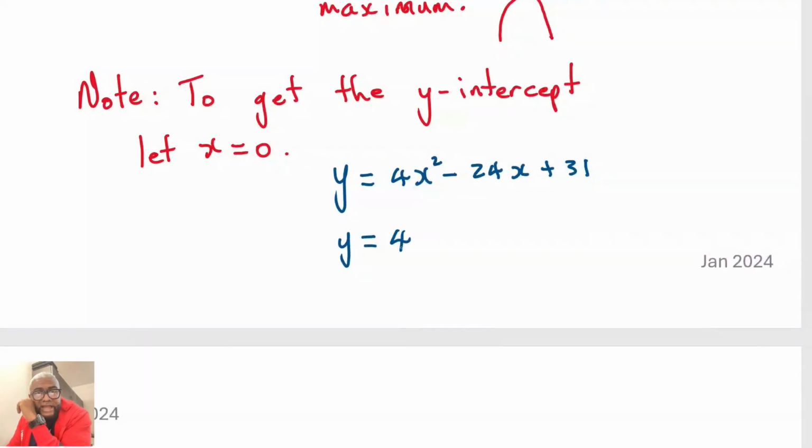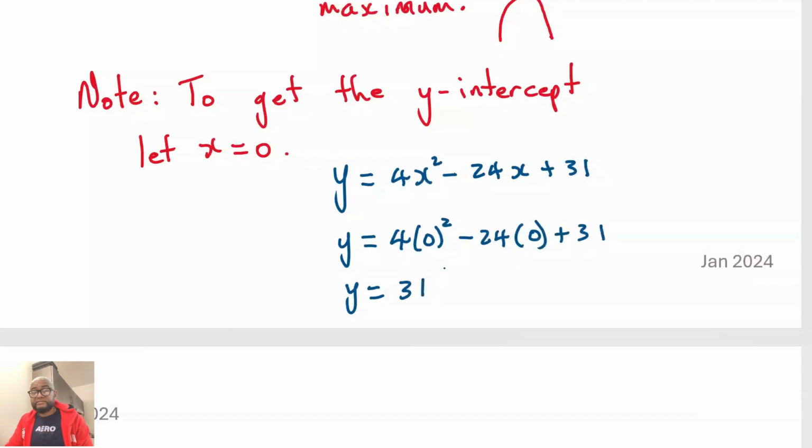So y is equal to 4 by 0 squared minus 24 by 0 plus 31. 0 squared is 0, 4 by 0 is 0, and 24 by 0 is 0, so your answer is just 31. That's your y-intercept.